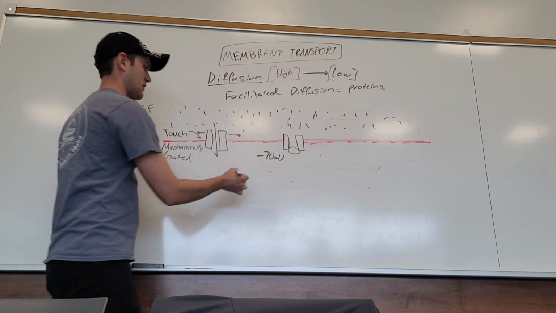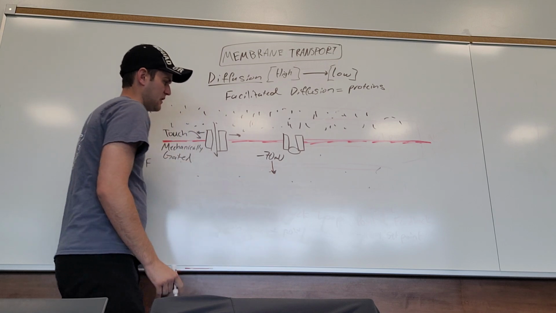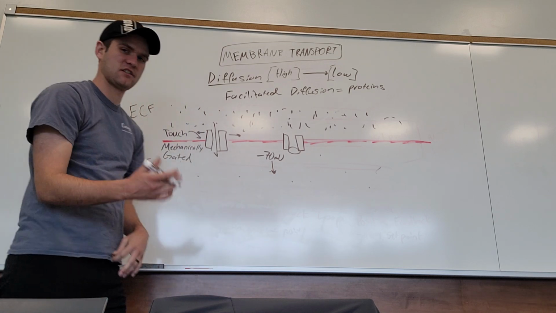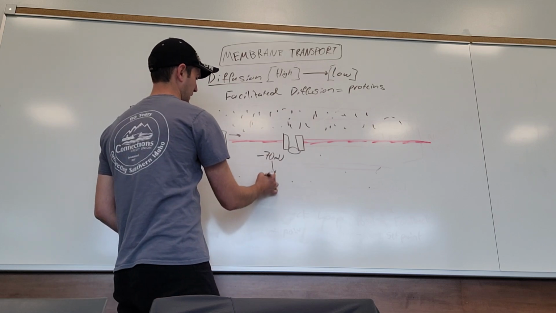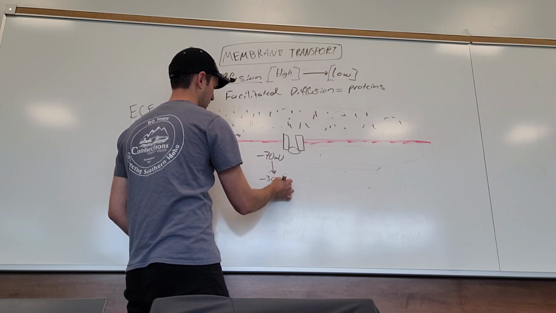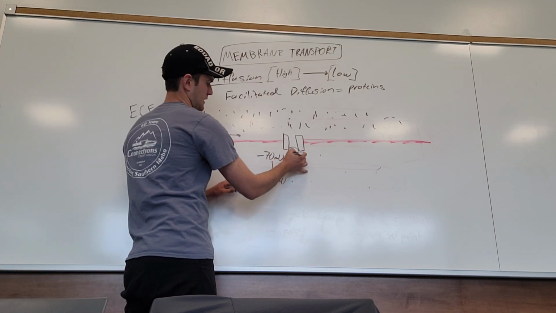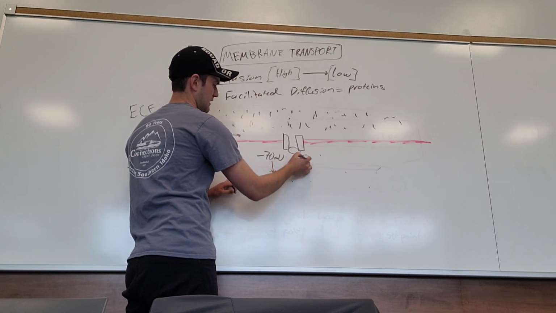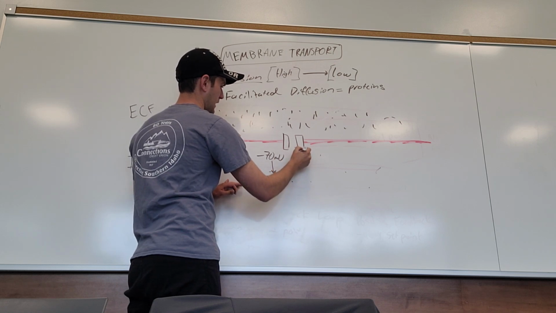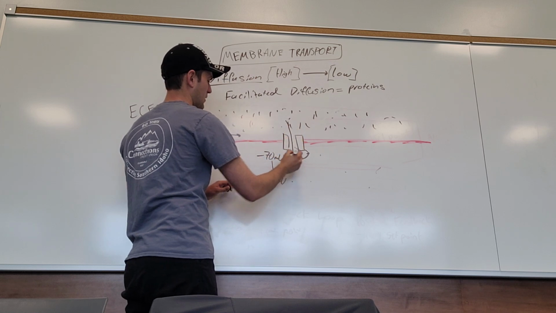But say that changes somehow, could be some sort of change in ion concentration, action potential, something like that, and that's going to change to, let's say, negative 30 millivolts. So because of this change in voltage, this gate is going to swing out. It's going to open up our gate and allow our solutes to diffuse through the membrane.